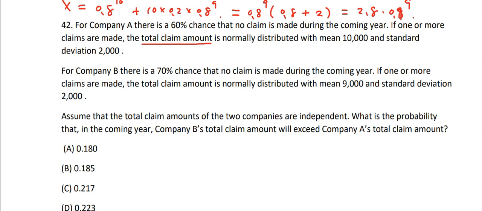So for company B, 70% chance no claim, and 30% chance they have a claim. Suppose company A's total claim amount is X, and company B's total claim amount is Y. We assume that X and Y are independent.